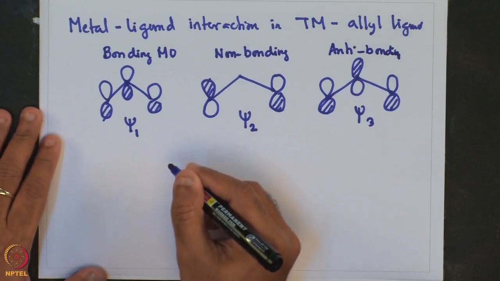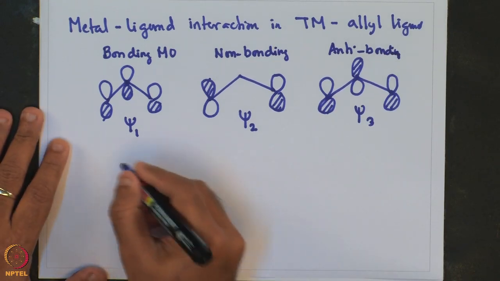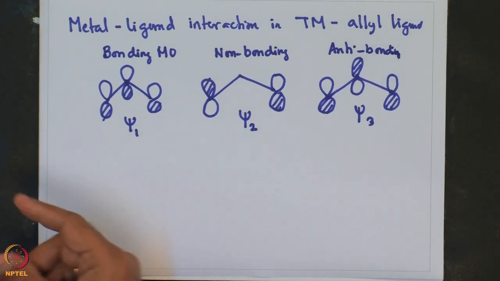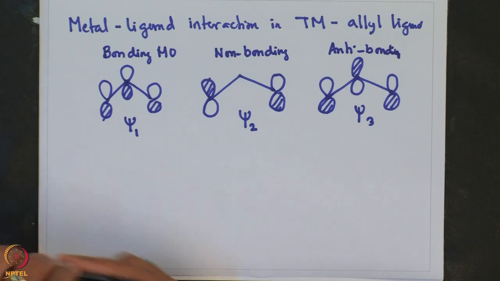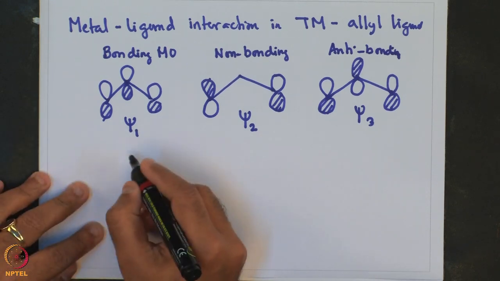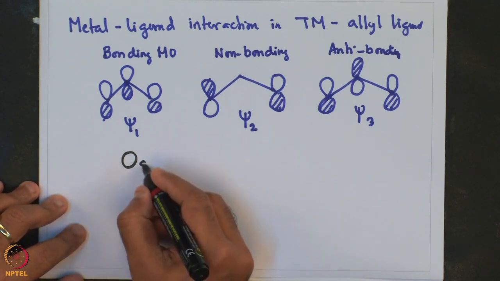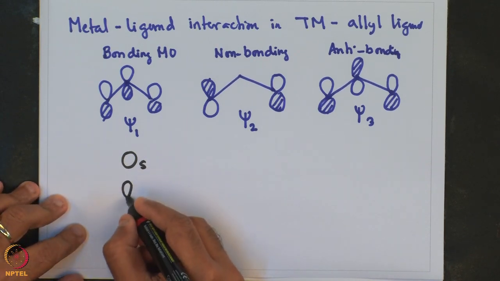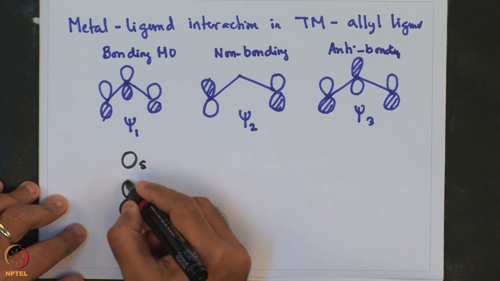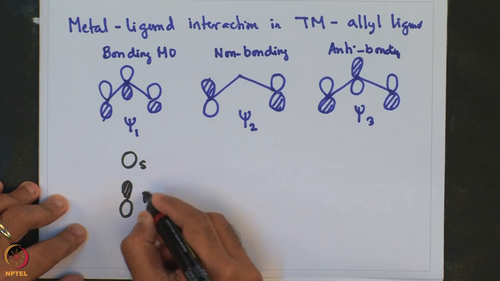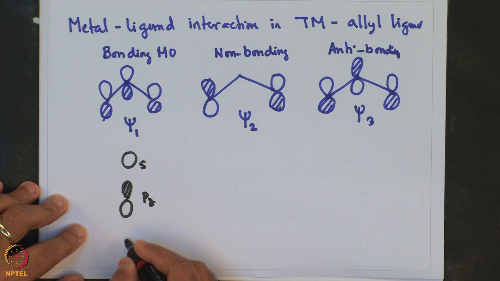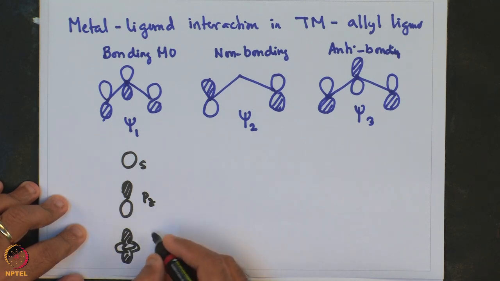Let us take a look at the metal orbitals which interact with these various kinds of orbitals. For example, psi 1 would interact with the metal s or pz, and dz square.